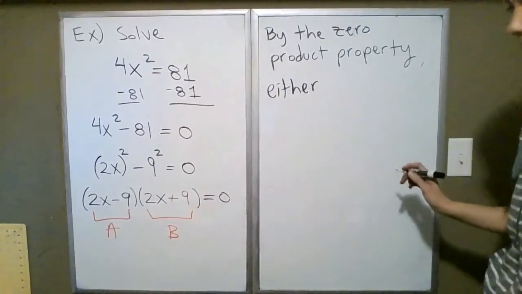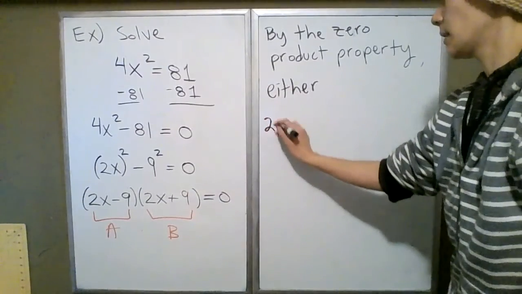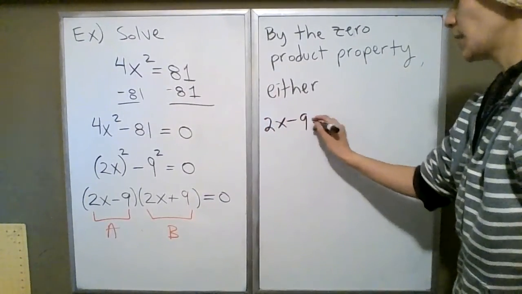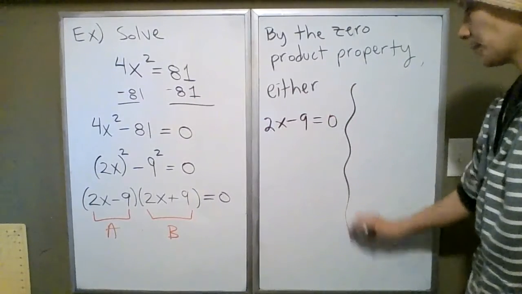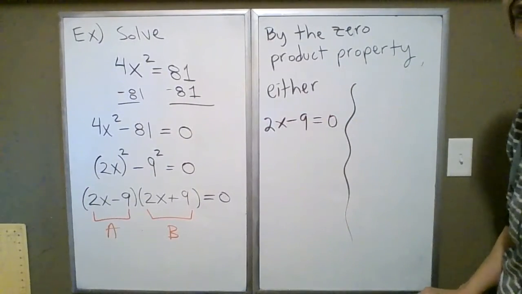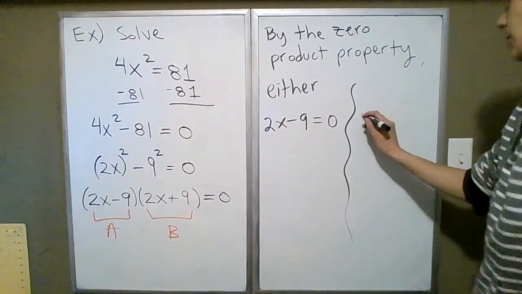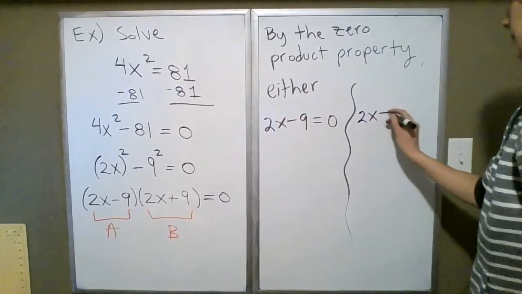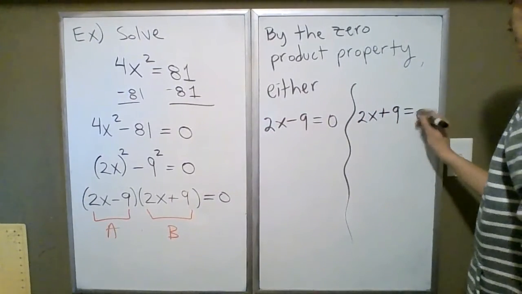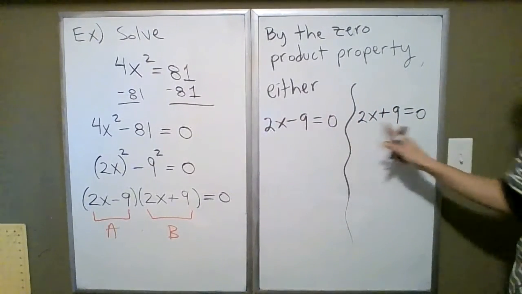Your first factor is 2x minus 9. We get to put that equal to 0 using the property. The other is 2x plus 9, and that's equal to 0. So it's this or that.